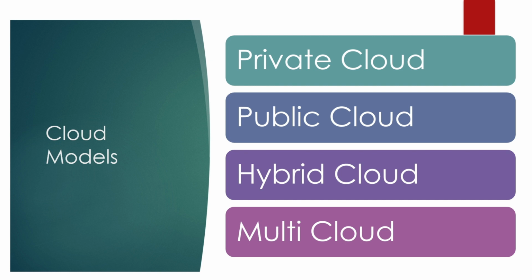So 2 virtual machines will be allocated to me, which are running on this physical machine. And a second client comes and he needs 3 virtual machines. So 3 virtual machines will be allocated to the second client, but those 3 virtual machines are also running on the same hardware. So the underlying resources are shared. There is isolation, but the underlying infrastructure is shared. That is the meaning of public cloud.